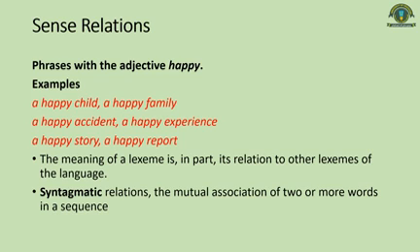There are so many others, just sit with chair, read with book or newspaper. Students, all these are syntagmatic relations. So it is the association of two or more words in a sequence, so that the meaning of each is affected by the other or others, and together their meanings contribute to the meaning of a larger unit, then it becomes a phrase or a sentence.